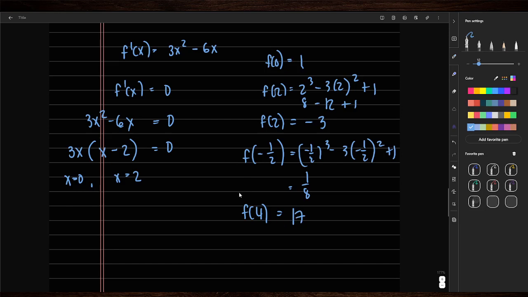So what we are trying to find here is the absolute maximum and absolute minimum.